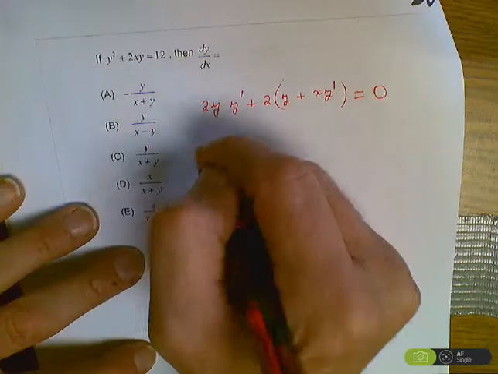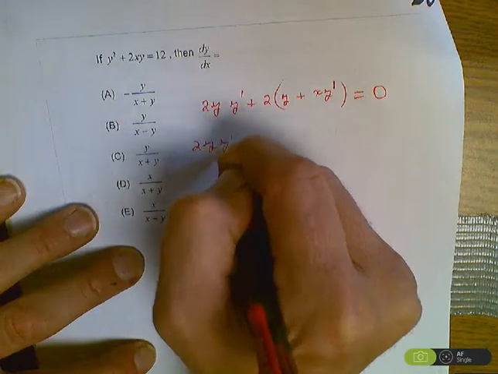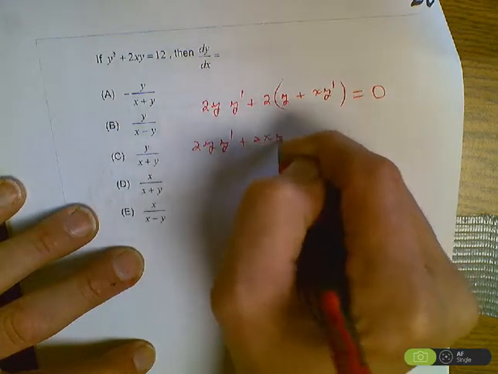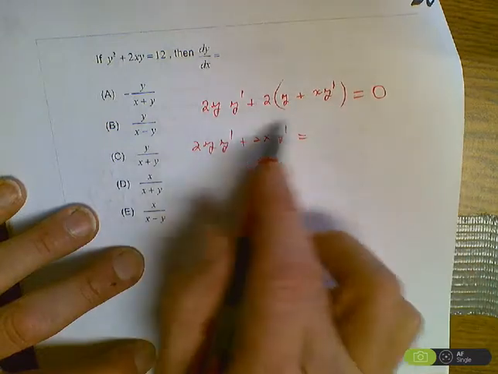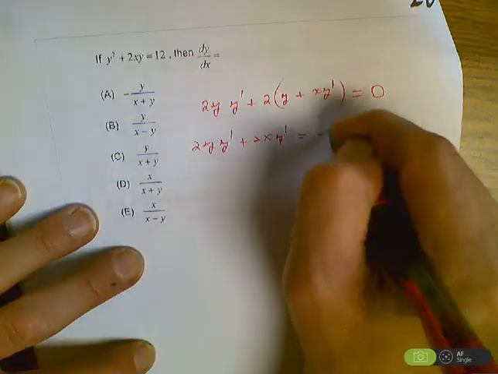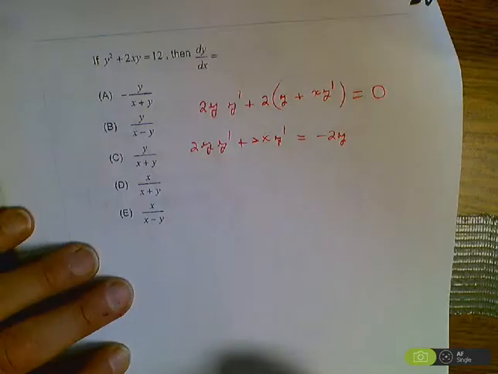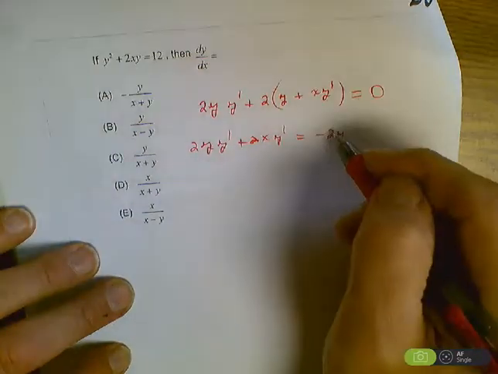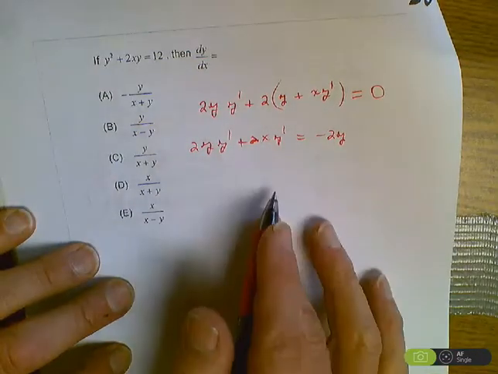Now we got to isolate our variable. Okay, so now I'm going to bring 2y, y prime, plus 2x, y prime, and put the 2y on the other side, negative 2y. Notice everything's got a 2 in it, right? I'm going to get rid of that 2 so I don't make a mistake.